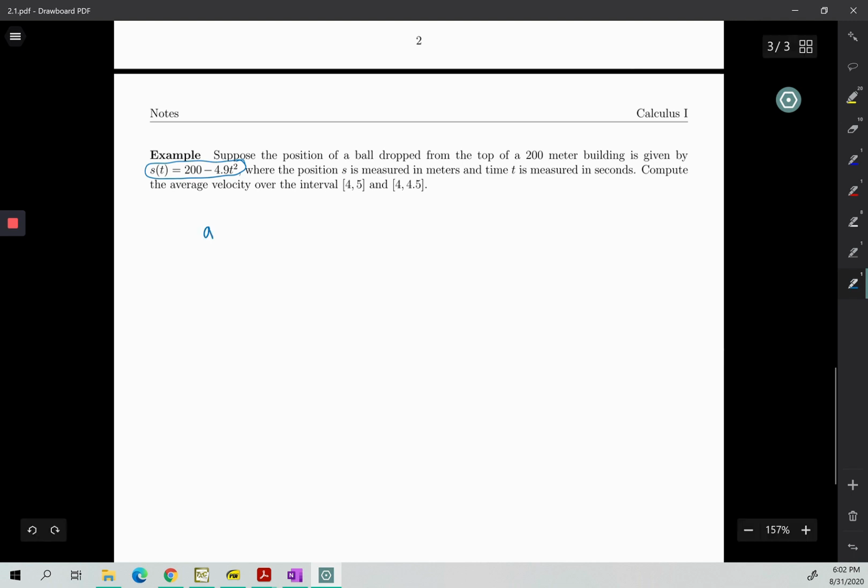So that will just be the average velocity over the first interval from 4 to 5. We just take s of 5 minus s of 4 over 5 minus 4, right? And then we just plug in our values, or well, we plug in this value to our function.